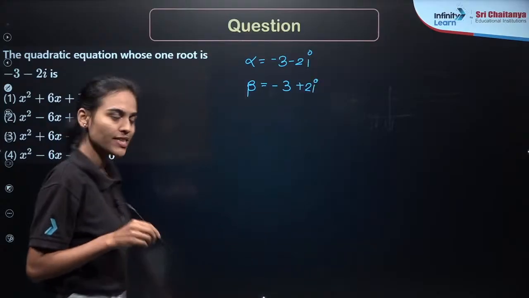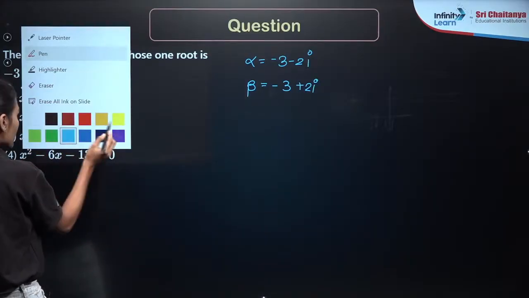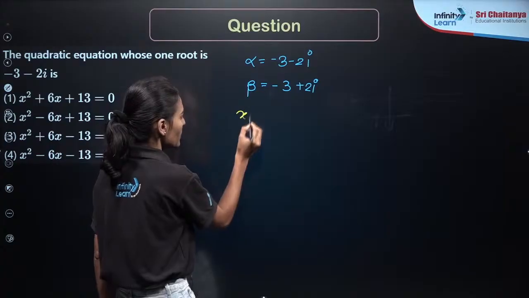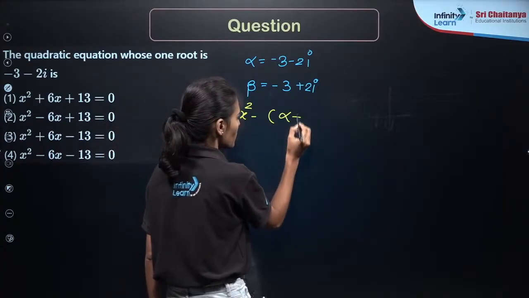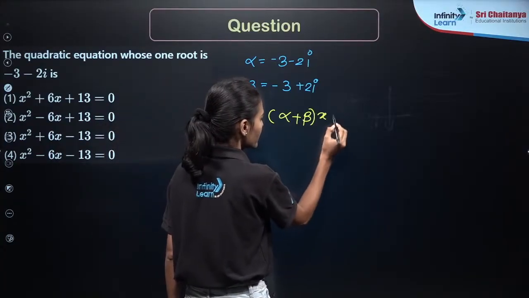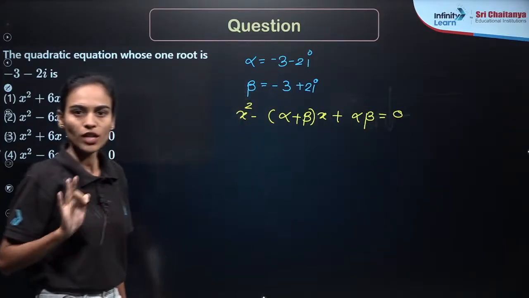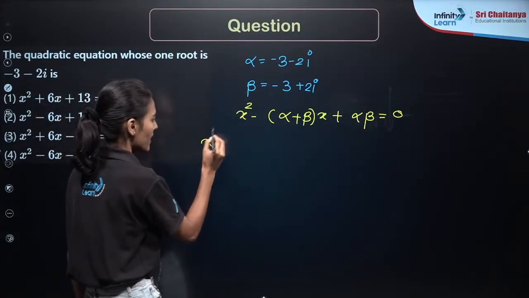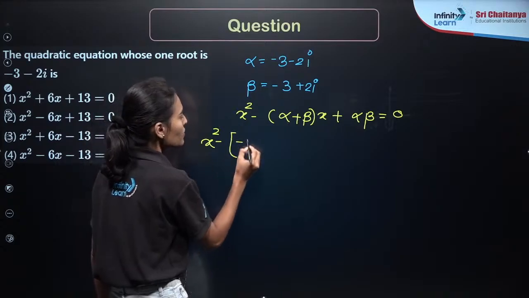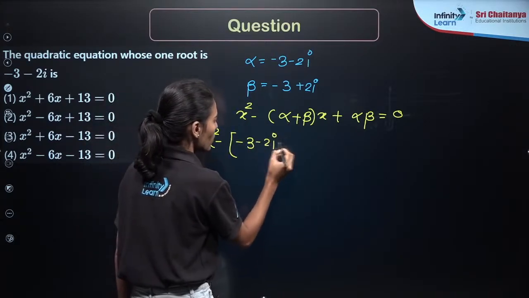So if alpha and beta are the roots, form the quadratic equation. The quadratic equation will be x square minus sum of the roots into x plus product of the roots equal to 0. So now this gives x square minus, what is alpha? Minus 3 minus 2i. What is beta?